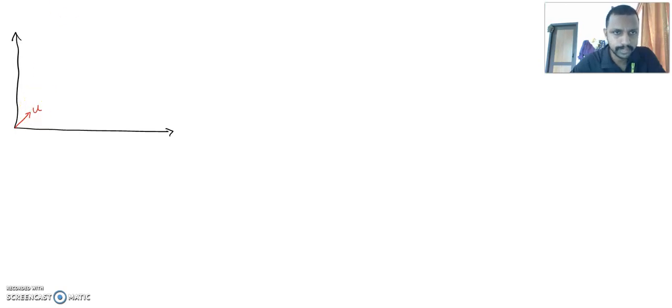That substance is called a projectile. Therefore, the trajectory of this projectile will be in the shape of a parabola and it will fall to the ground like this. Let me draw it in a more appreciable manner. It is falling like this.